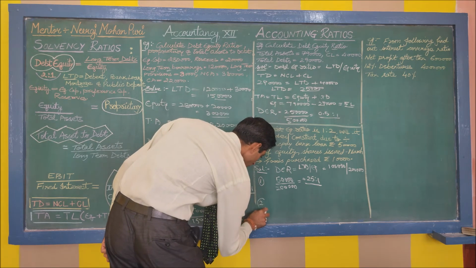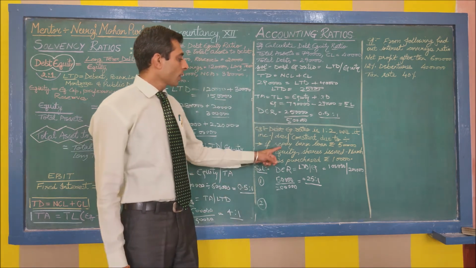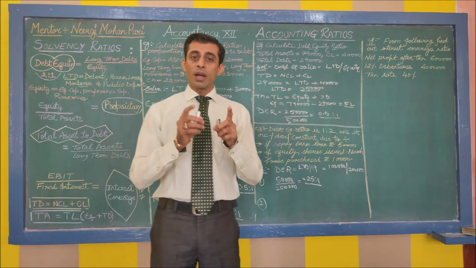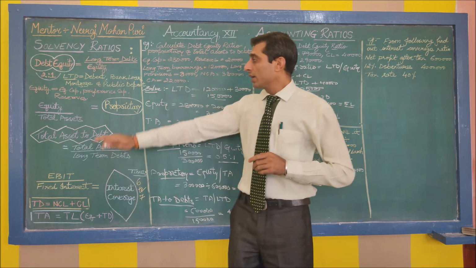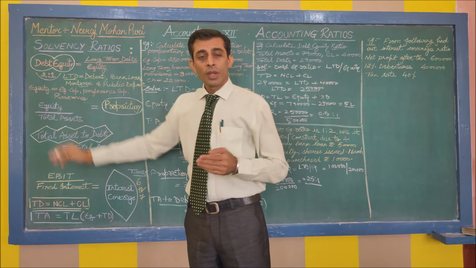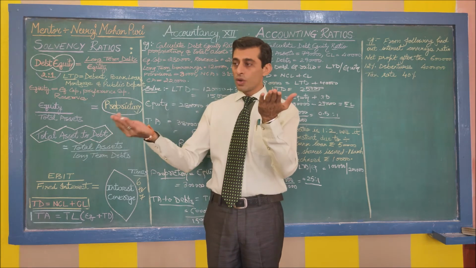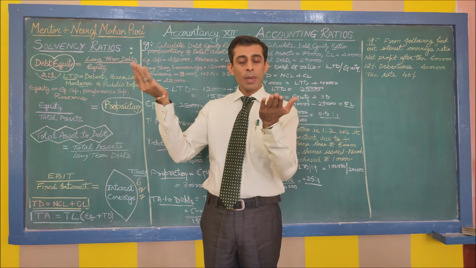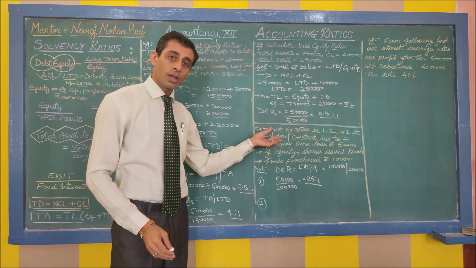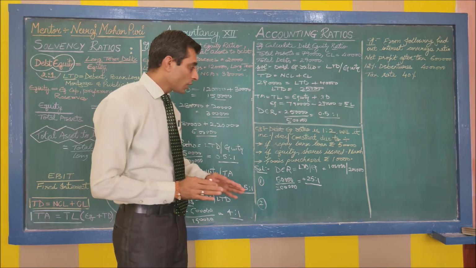Case 2. In the second situation, equity shares are issued for rupees 1 lakh. When you issue equity shares, equity share capital is a part of equity. Our capital will increase and the bank balance will increase. Bank is a part of current assets, which is not used in this ratio.